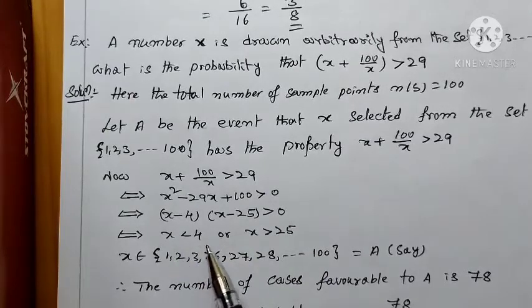Therefore, x is less than 4 or x is greater than 25. So x is 1, 2, 3, and 26, 27, 28 and so on up to 100. Let us assume this is A. The number of cases favorable to A is 78, that means n(A) is equal to 78.